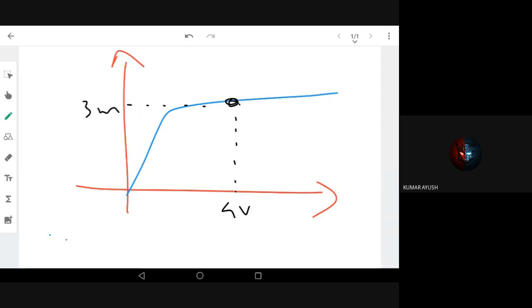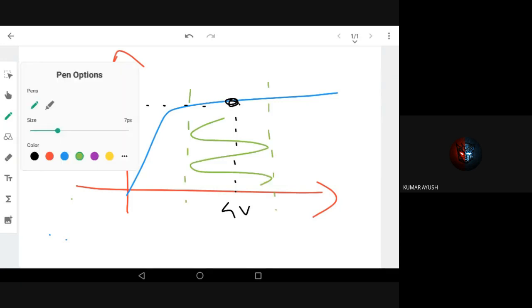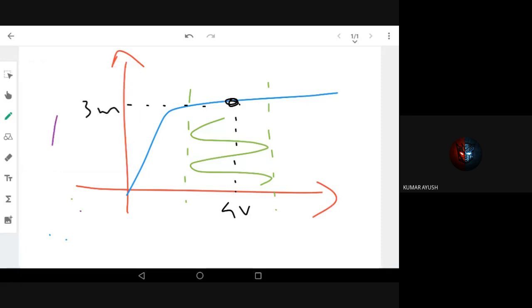My output voltage is going to fluctuate like this, so this is a range, and current is also going to fluctuate. So based on these ranges, I can get a line. This is the fluctuation of my output.